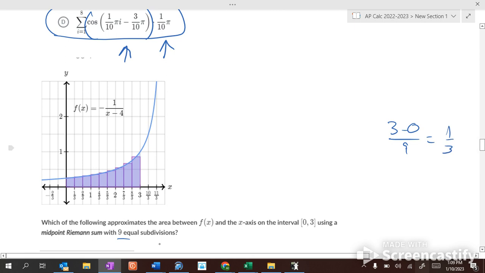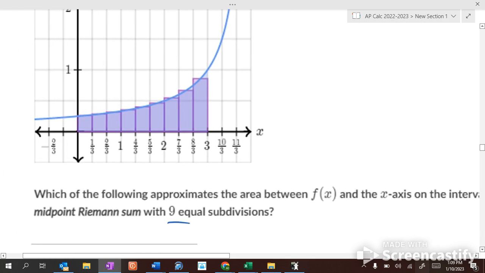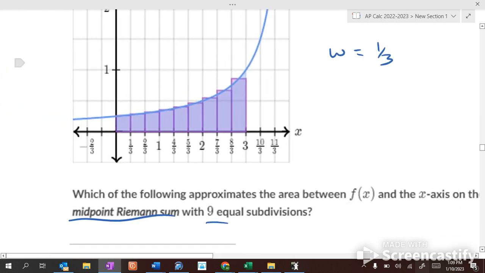So each of these rectangles is 1/3 wide, as we can see from the bottom of this. And maybe you guys can't see that because it's too small a font. But each of these is 1/3. So our width equals 1/3. Okay, what kind of Riemann sum are we using? Oh, we're using a midpoint Riemann sum, which makes it even more fun.